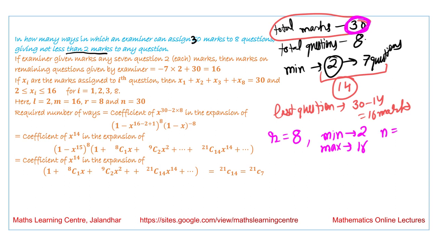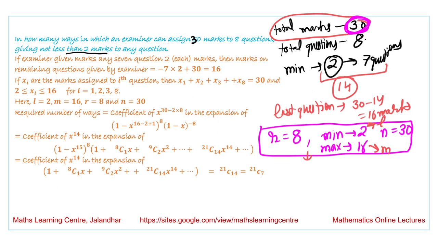We want to find how many such arrangements are possible. This minimum value 2 is the value of L, and this is the value of M.